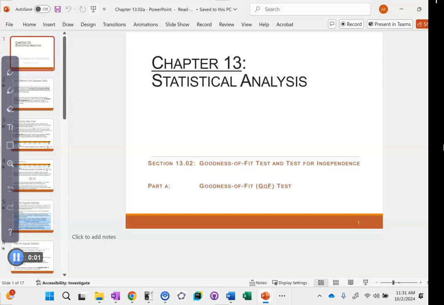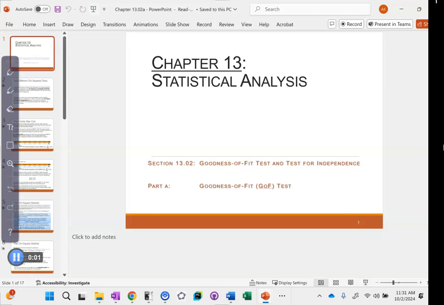Now, just because I can compute a chi-squared value doesn't mean that it's going to be a valid test. So there are two criteria that we must check before we make our final analysis to make sure that the chi-squared test we're about to do is valid.